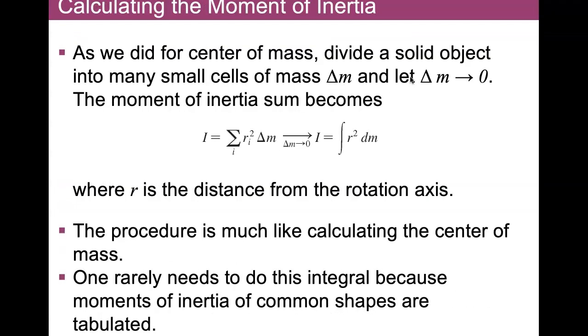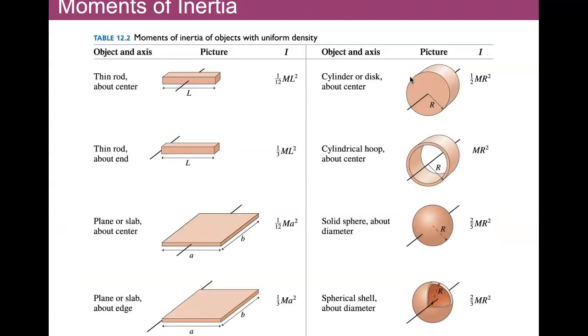So that's the continuous limit that we already talked about. This is a table for a whole bunch of continuous objects that lists their moment of inertia for rotation around, again, some given axes. Here you have a rod rotating around an axis that goes through its center, a rod rotating around an axis that goes through one endpoint, a slab, again, about the center.